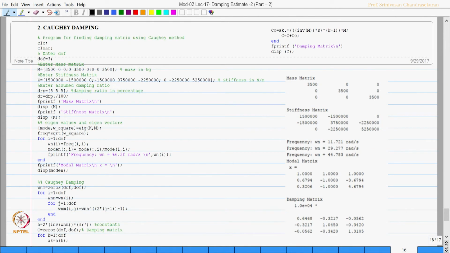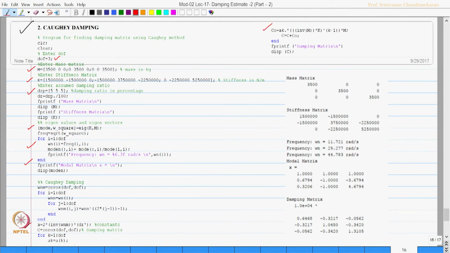Let us take a computer program of this. So, this is a program which is showing you the Caughey damping. We have to enter the degrees of freedom, give the mass matrix, give the stiffness matrix, assume damping same in all modes, classical damping. Then of course, eigenvalues and eigenvectors are determined, we already have the answers with us, get the modal matrix, then find out the damping constants and then find the C matrix.